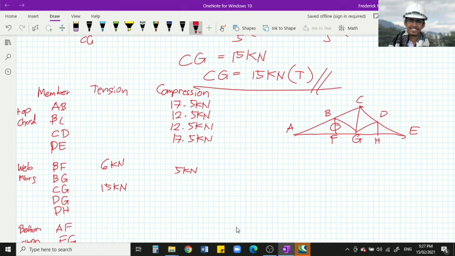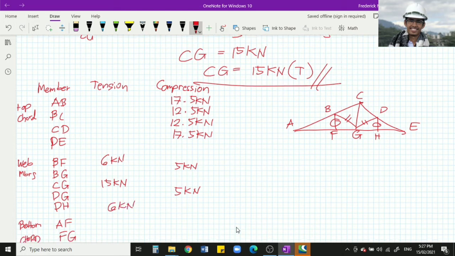Okay? Ito yung BG natin. So, same siya sa DG. So, 5 kilonewton din yun, compression. And yung BF pala natin, BF tsaka DH, is equal din sila. So, DH is 6 kilonewton. Okay? Ayan.